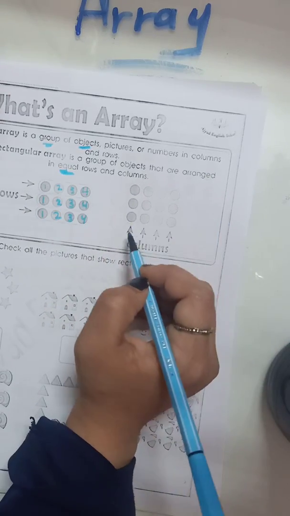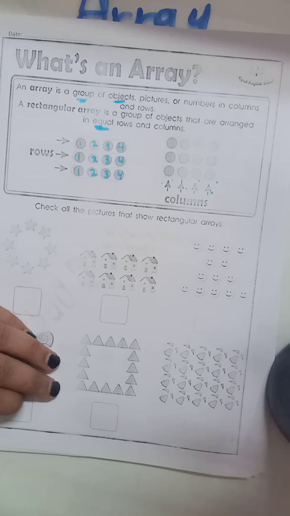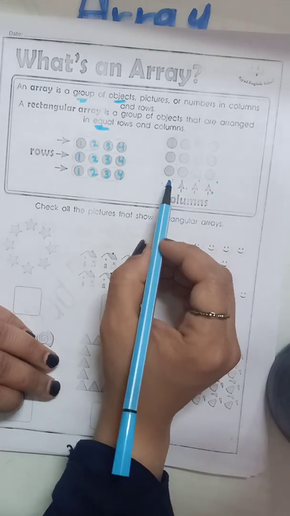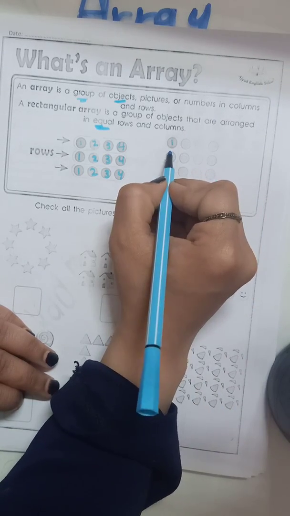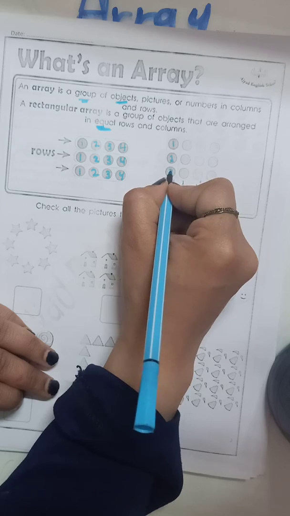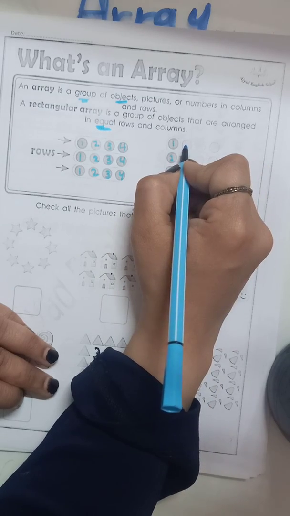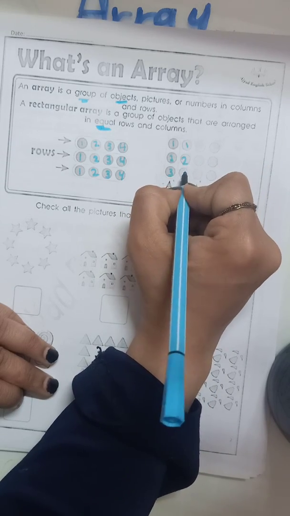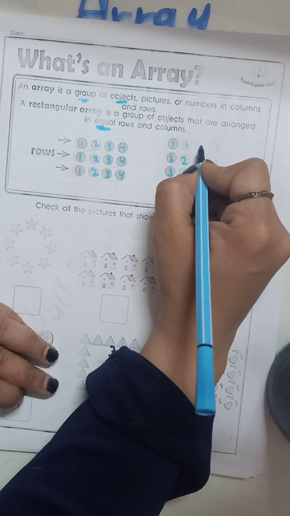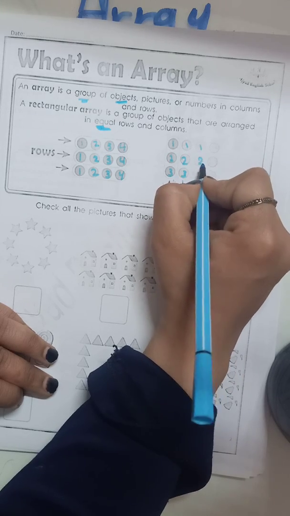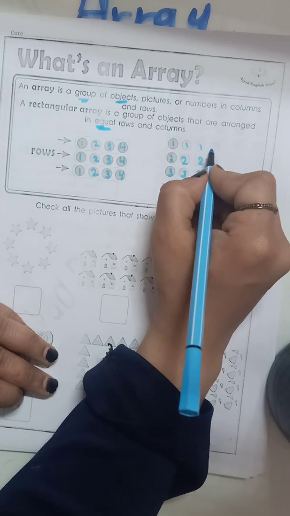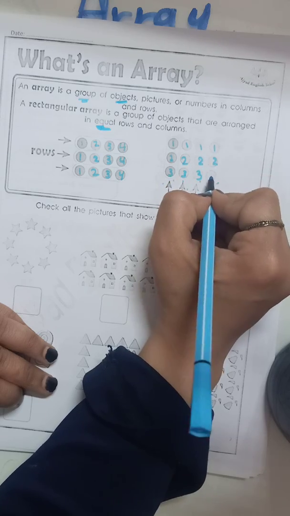And how many columns? Let's see. In the first column we have 1, 2, 3 elements. The next one 1, 2, 3 elements. The third one 1, 2, 3. And the fourth 1, 2, 3.